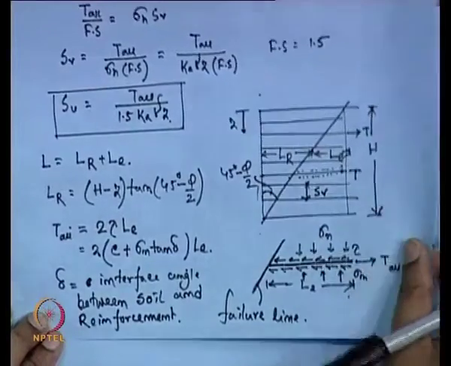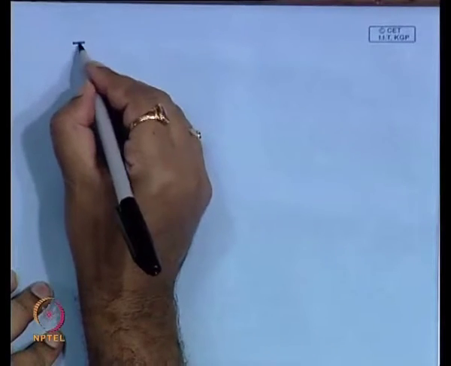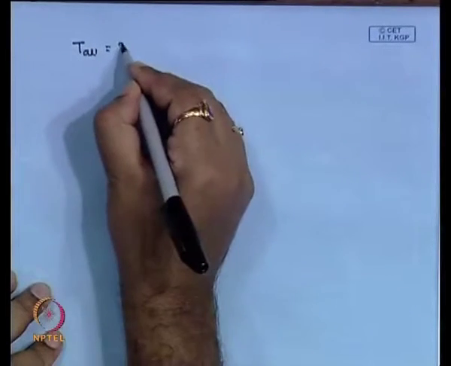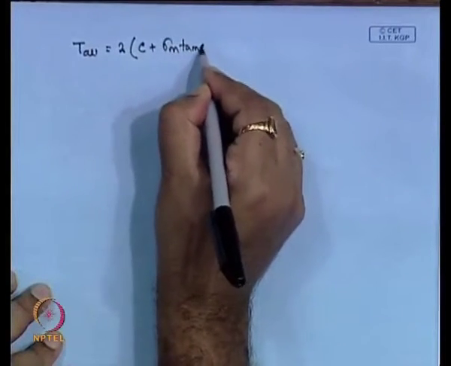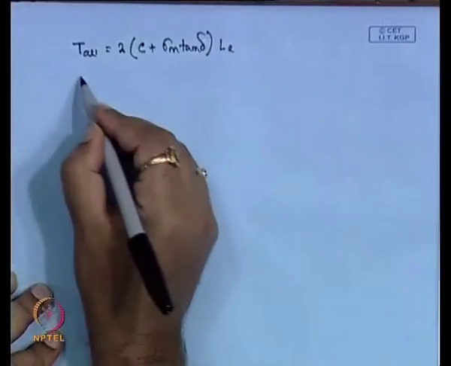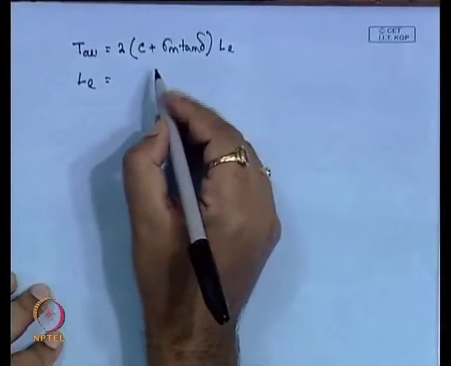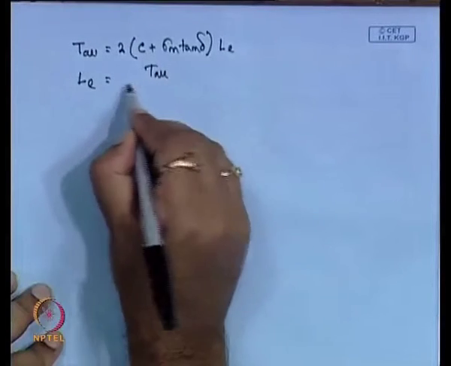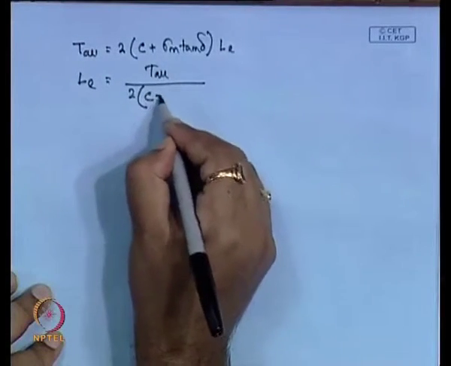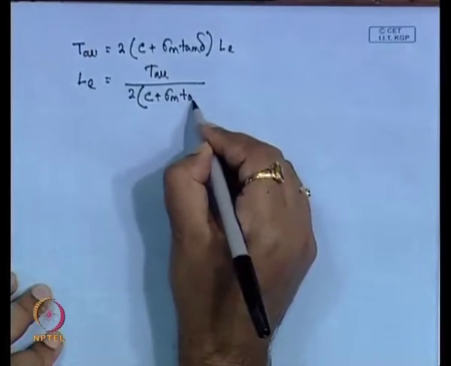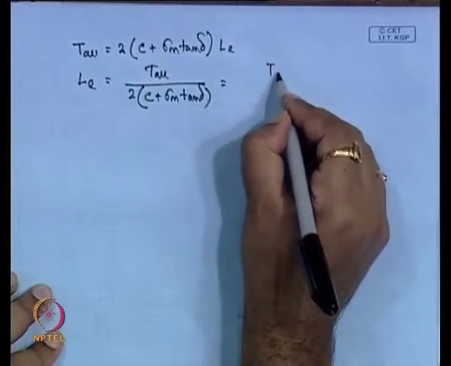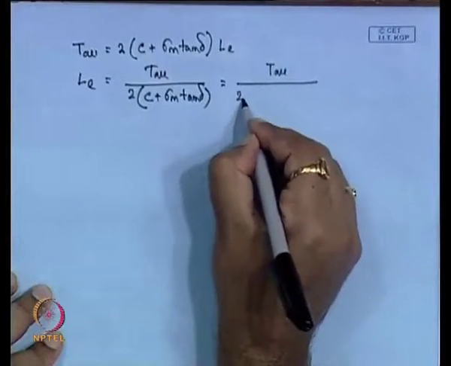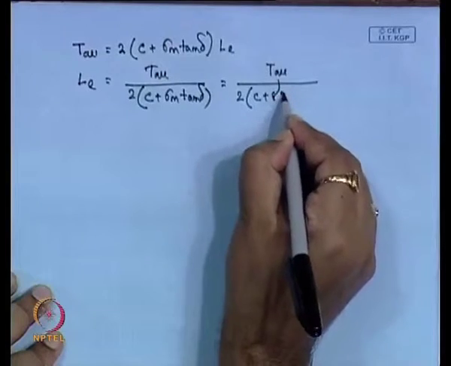So, finally, for the expression of L e, T allowable is equal to 2 into (C plus sigma n tan delta) into L e. So, the L e expression is T allowable divided by 2 (C plus sigma n into tan delta), and sigma n at any depth is the normal stress, that is gamma into z.